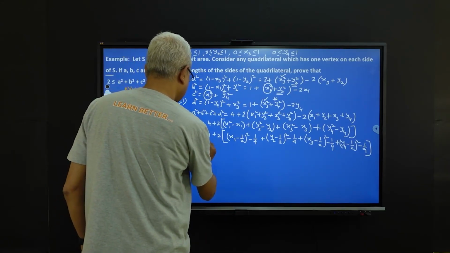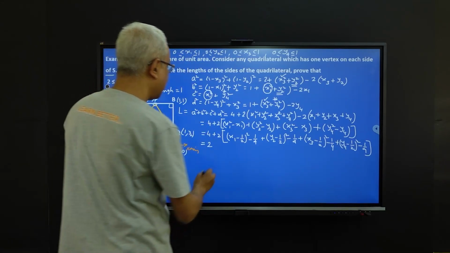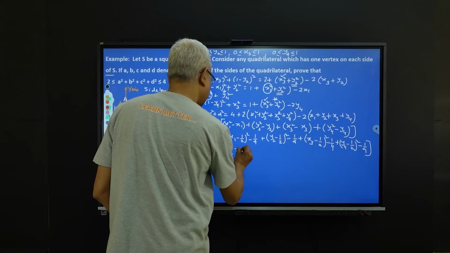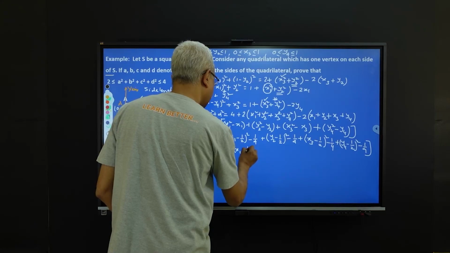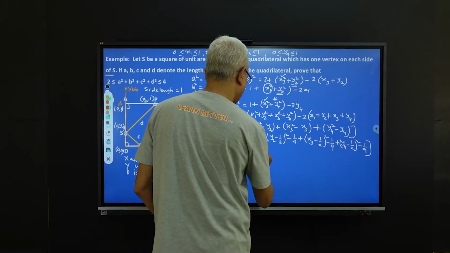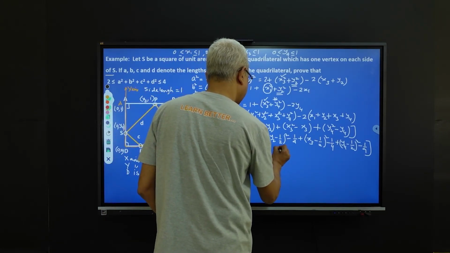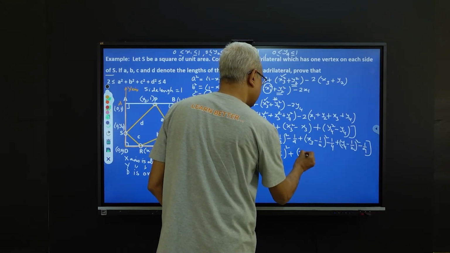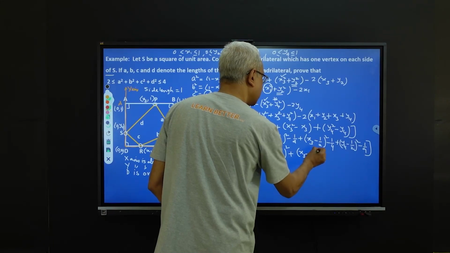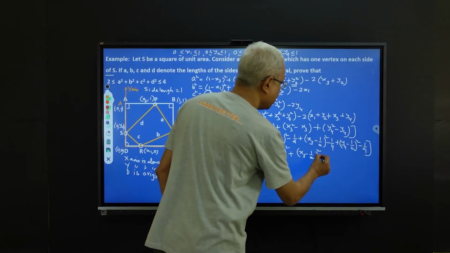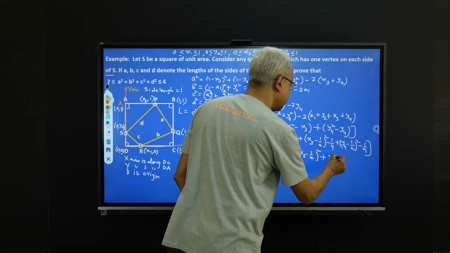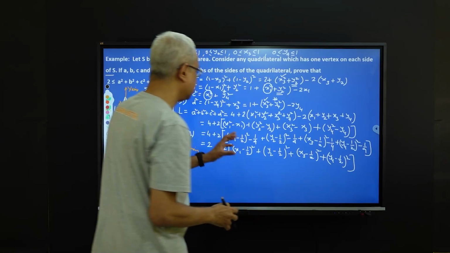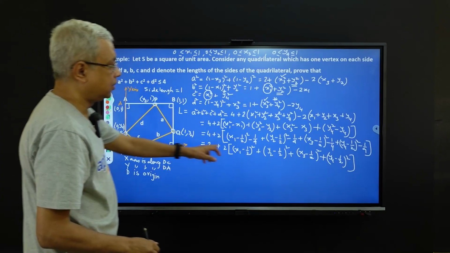So ultimately I am left with 2 plus 2 times x1 minus half whole square plus y2 minus half whole square plus x3 minus half whole square plus y4 minus half whole square. Is it okay?